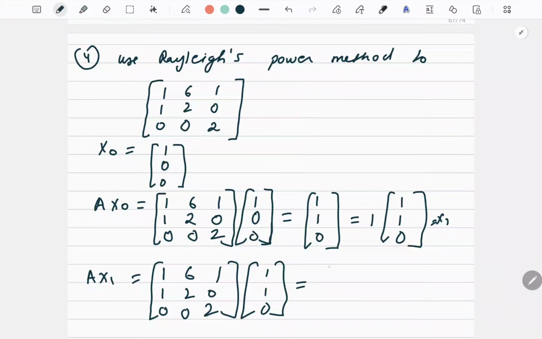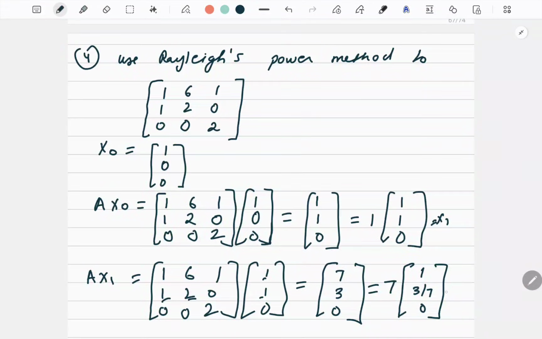So you will get 7, 3, 0. You can check: 1 plus 6 plus 0 is 7, and 1 plus 2 plus 0 is 3. Now which one is the highest? 7. So take 7 out, and 1, 3 by 7, 0 came. Correct? So now this becomes your x2. Right? Now go to the next step.